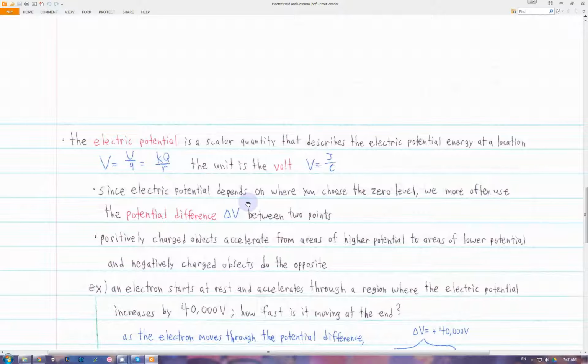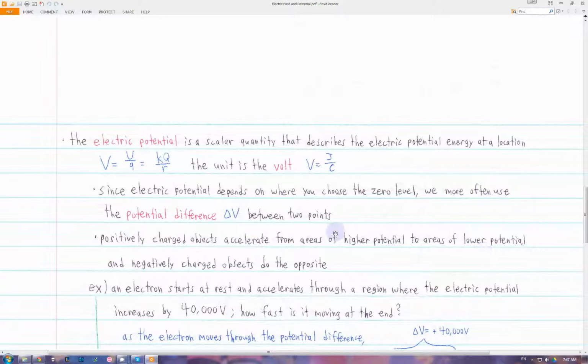So a lot of the time we are only concerned with the difference in potential between 2 points, which is called the potential difference, or this delta V. And positively charged objects will accelerate from areas of high potential to low potential.